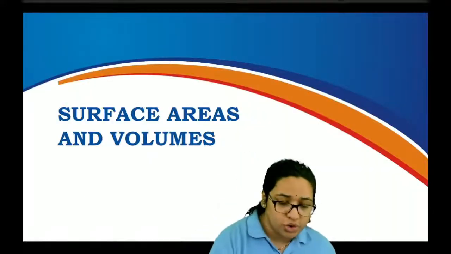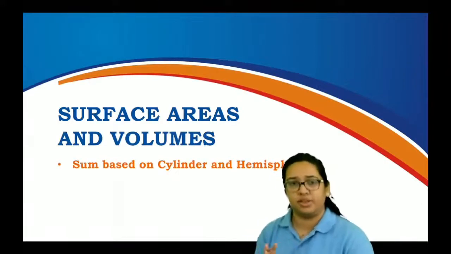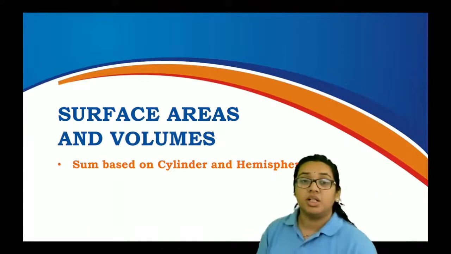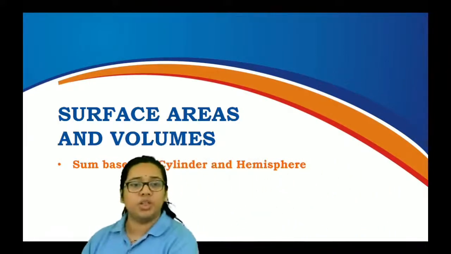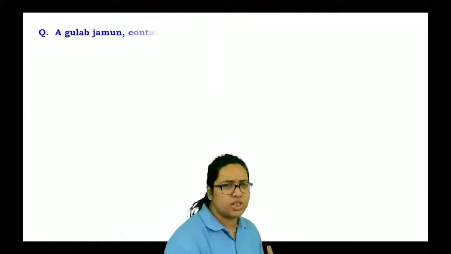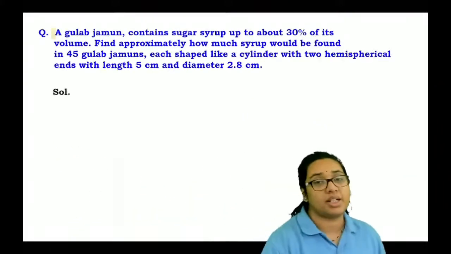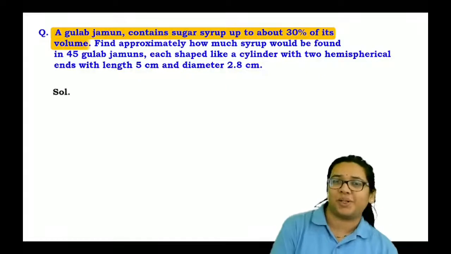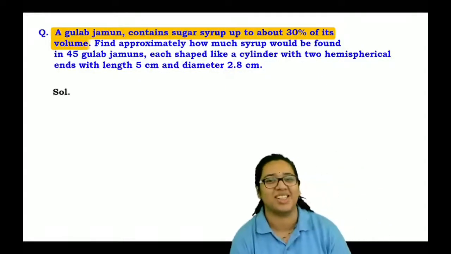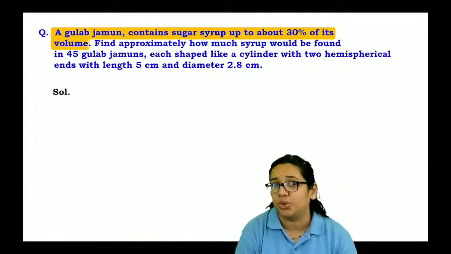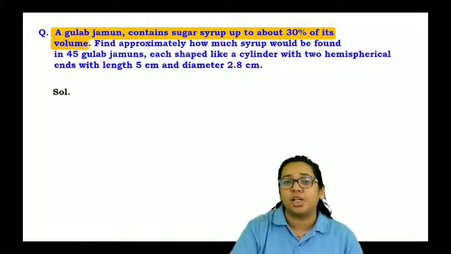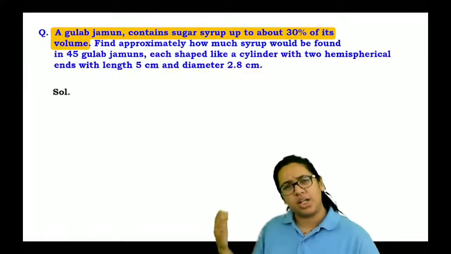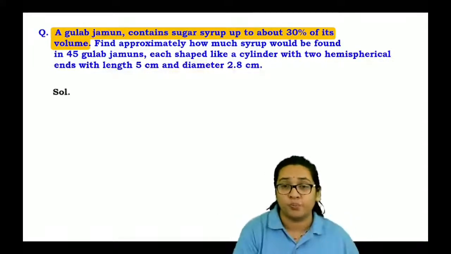Now we'll just go with a few questions based on what will be the volume of the mixed figures. Okay? What will be the volumes of the mixed solid? So for this question, we are considering we have a cylinder and hemisphere. Okay, it is a very easy, good example, right? A gulab jamun contains sugar syrup up to about 30% of its volume.